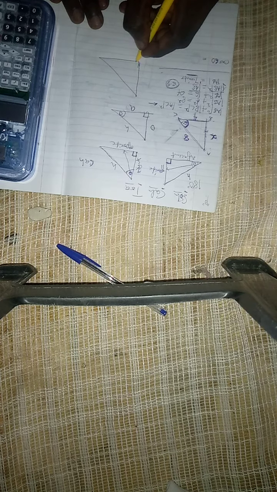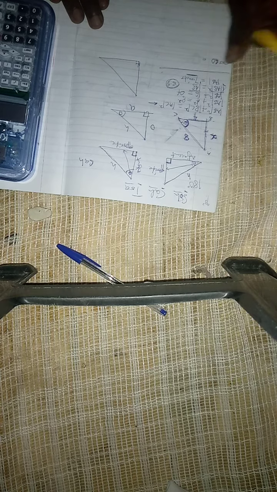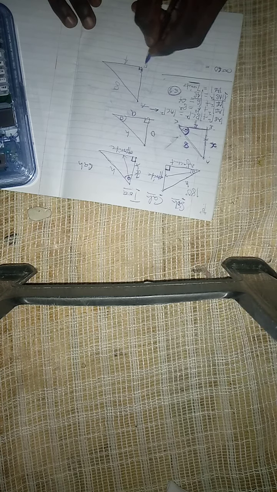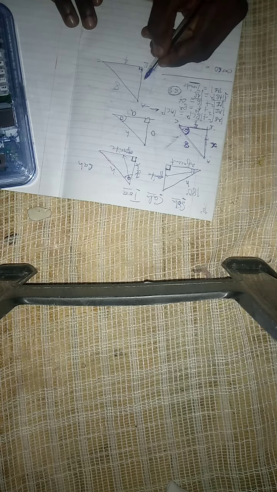We have this right angle triangle, and we're given here to be 8 units, and we're given here to be 4. Here is A, here is B, and here is C. So we want to find this side.